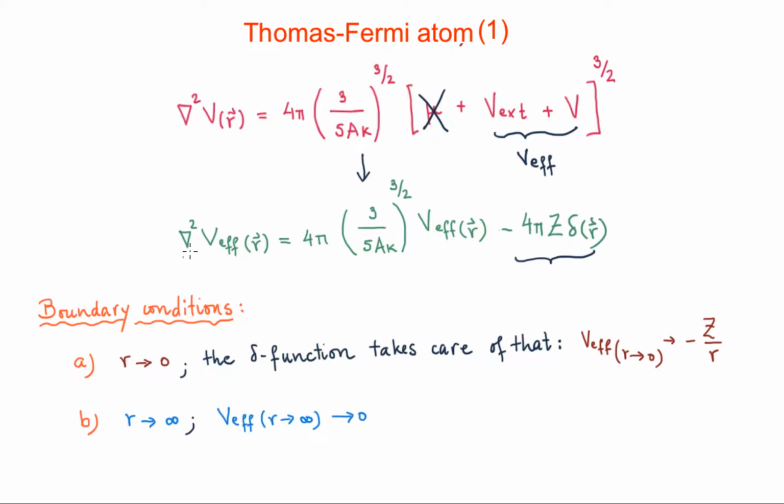So the Laplacian of the effective potential is this one, which is 4 pi, and this coefficient, just a key here, is the prefactor arising in the kinetic energy associated to this uniform electron gas, times the effective potential to the 3/2, sorry, here there is a missing factor here, plus the Laplacian of the external potential, which is this term here.